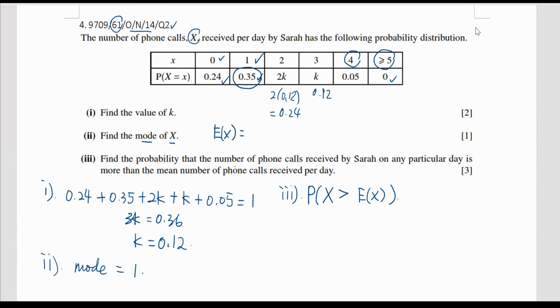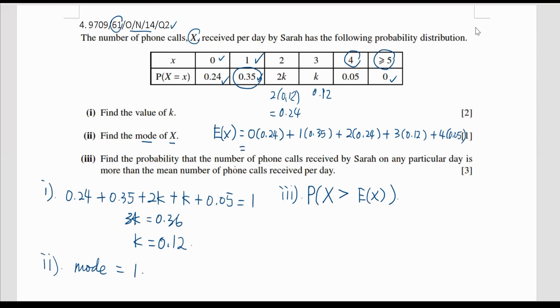To find out the mean, again, we have the formula: the X value multiplied with its probability, and then we sum them up. So it looks like this. 5 and above times 0 is going to be 0, so we do not need to write it down. 0 times 0.24 is 0.